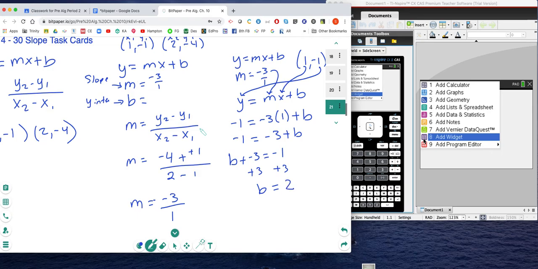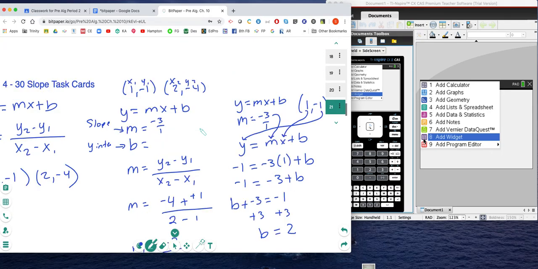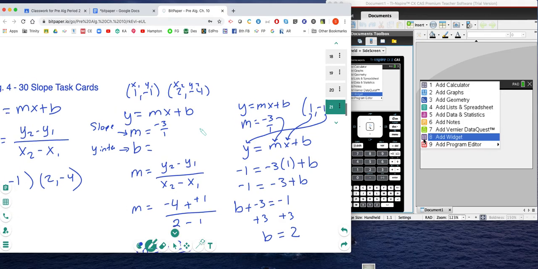So I'm going to come back up here to my original y equals mx plus b, m equals, b equals, and put in my 2. So now my equation is y equals -3x plus 2. That's the equation of the line that goes with the table.